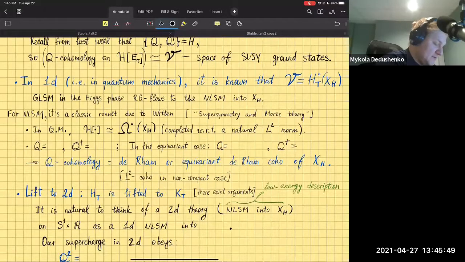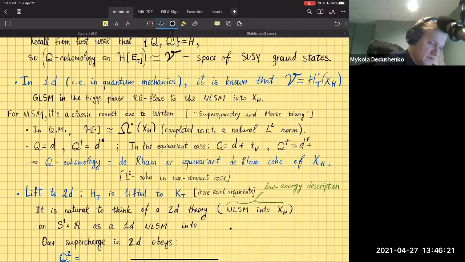Q and Q dagger are just the de Rham differential and the dual, or in the equivariant case, we also include contraction with some vector field. And then the dual is, what is it?